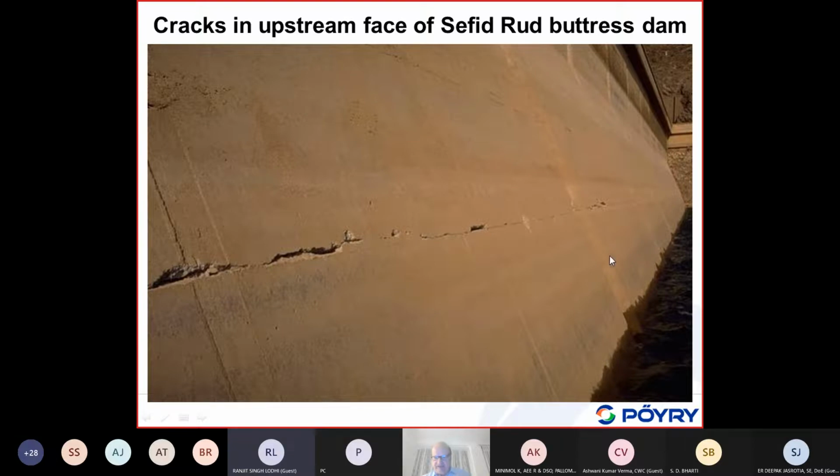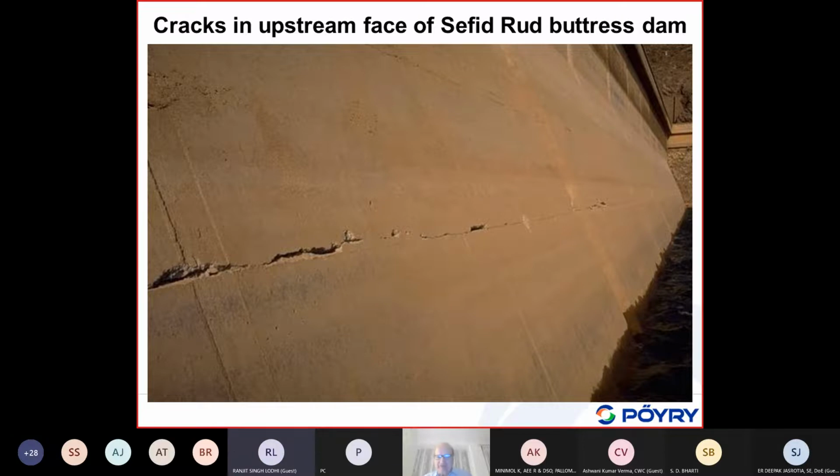I must say this is now about 10 days after the earthquake, because at the time of the earthquake, I thought the water level was here or here. It was only slightly above this crack, and because of that, the water pressure was not very high, so the water was not really passing through this crack under high pressure.